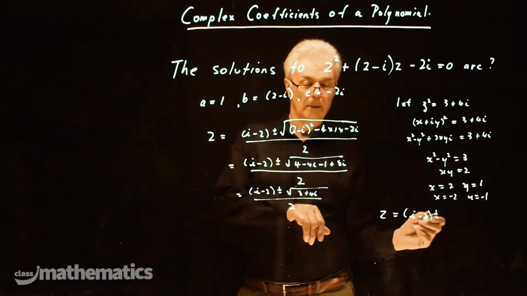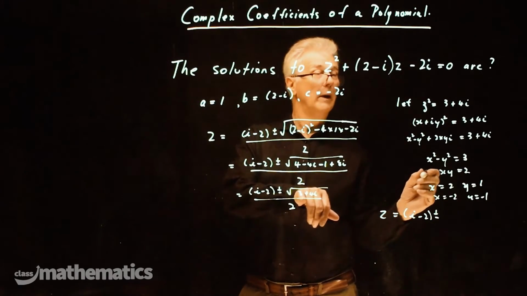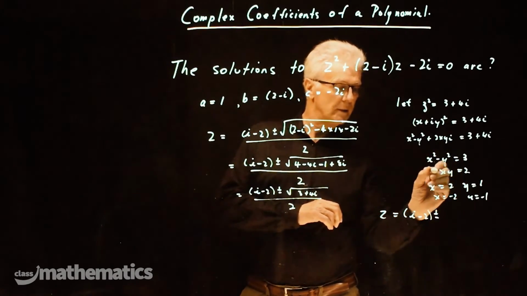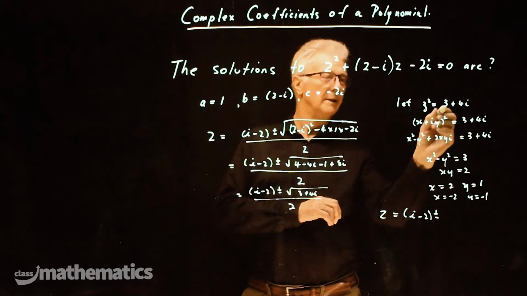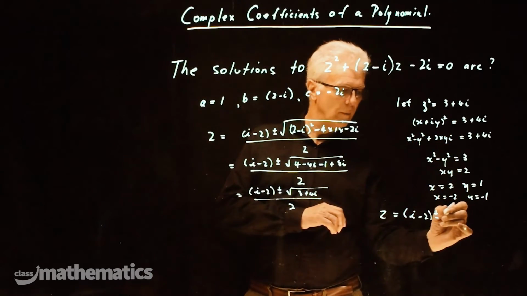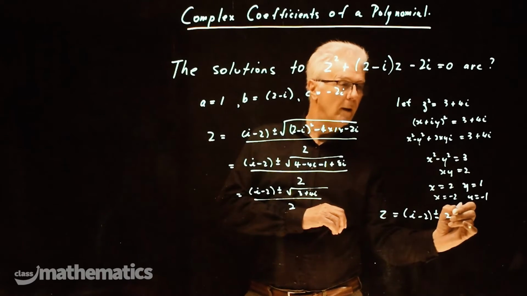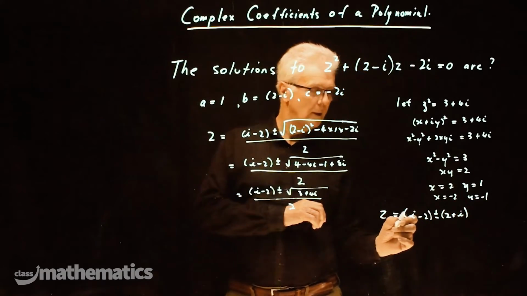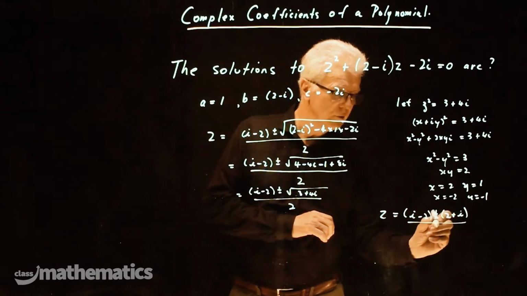So we'll write here that our z is equal to i minus 2 plus or minus, the square root of that one obviously is equal to 2 plus i, all over 2.